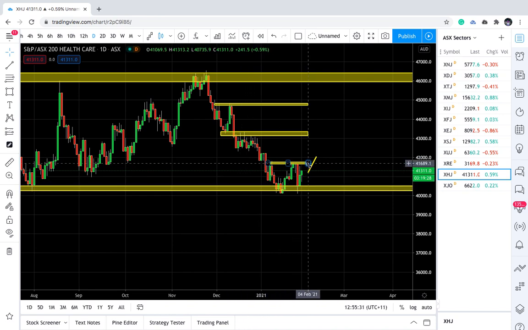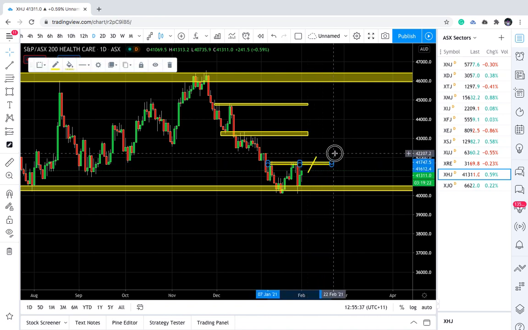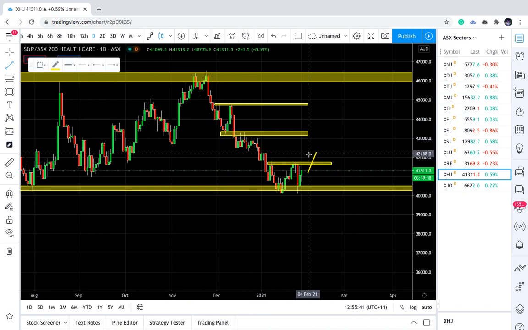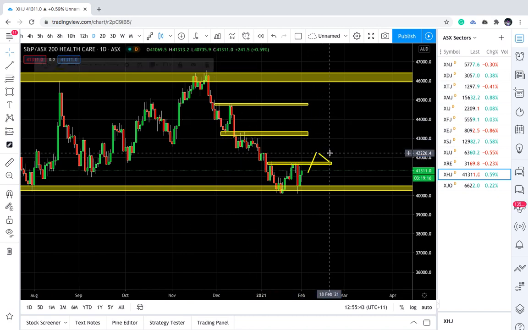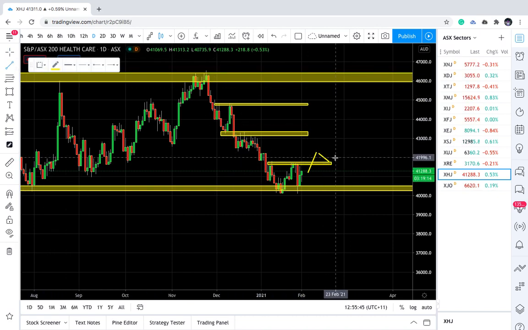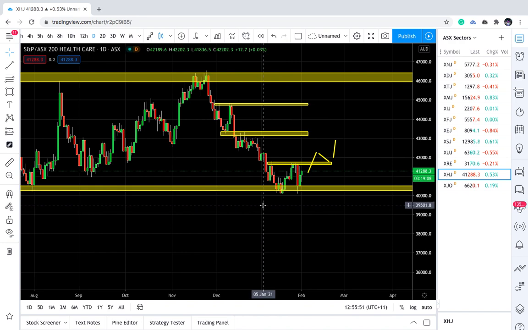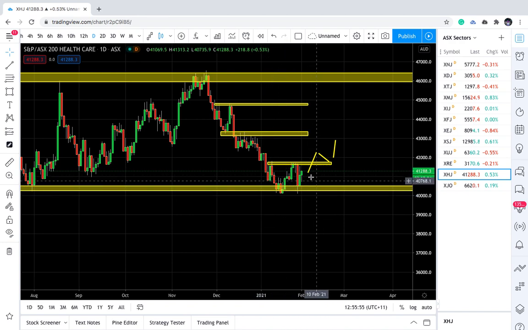Definitely the best thing to do is to break above and then retest. So if we extend this, it goes above, then goes down, retests, and then up again, then we can definitely assume that there is a bullish momentum.